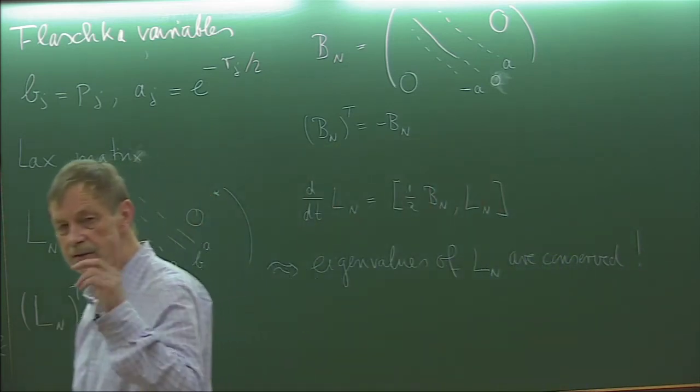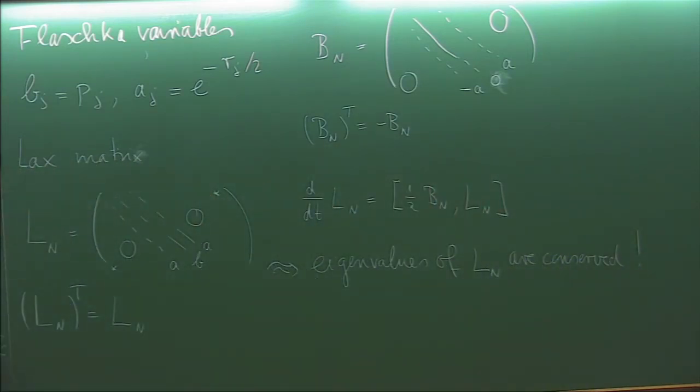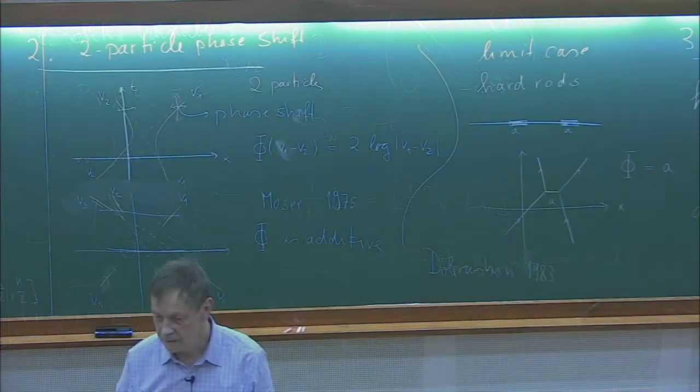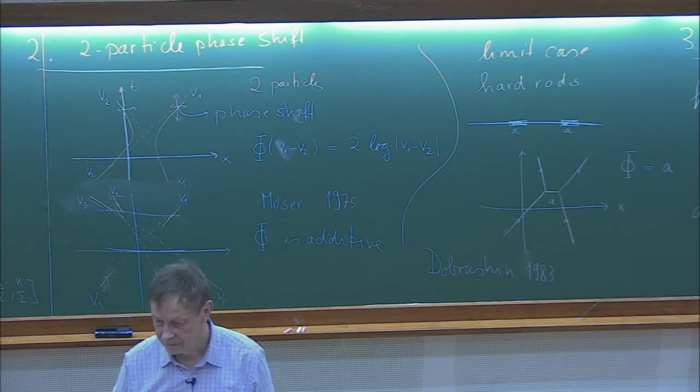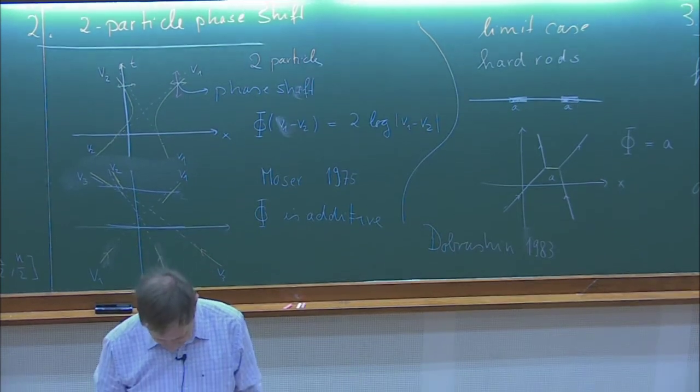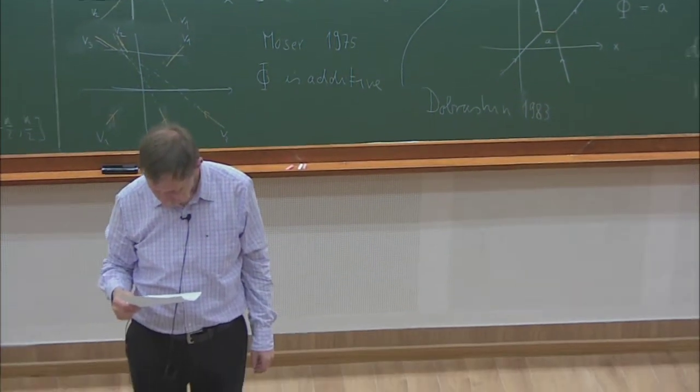It's very easy, at least conceptually, to find the conserved quantities. All I do is I take this Lax matrix, I diagonalize it, I look at the eigenvalues, and these are the conserved quantities. Questions?